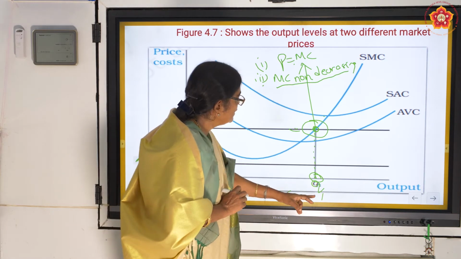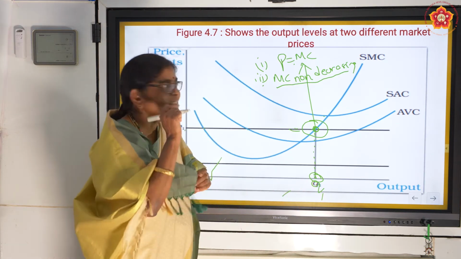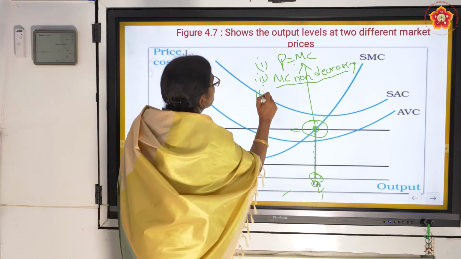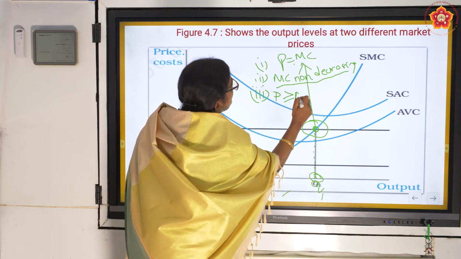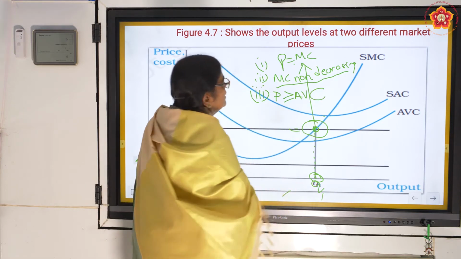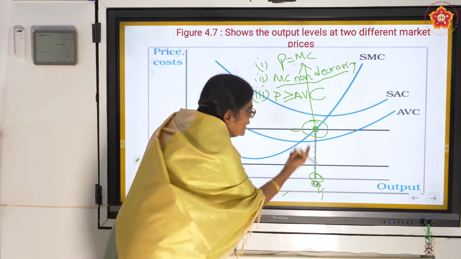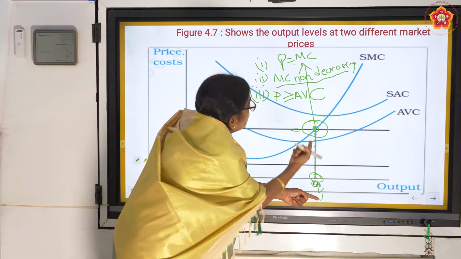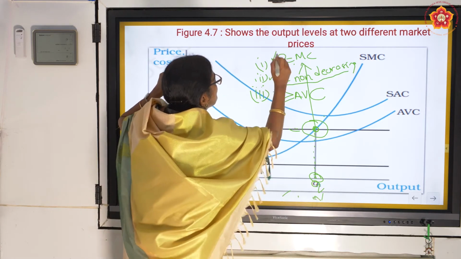Now you see the third condition. What is the third condition for the profit maximizing level of output? P must be greater than or equivalent to AVC. See, this is the corresponding line we are going to make, because this is the output fulfilling the conditions needed for the profit maximizing level of output.